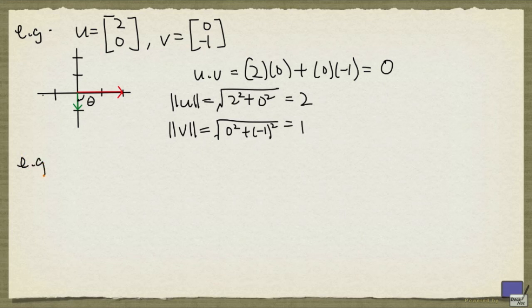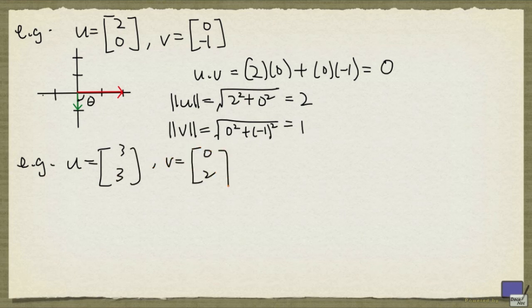Let's look at another example. Let's say u is (3, 3), and v is (0, 2). I'm not going to draw these vectors, I'm just going to calculate the cosine of the angle between them. So cosine theta is given by u dot v divided by the norm of u times the norm of v.